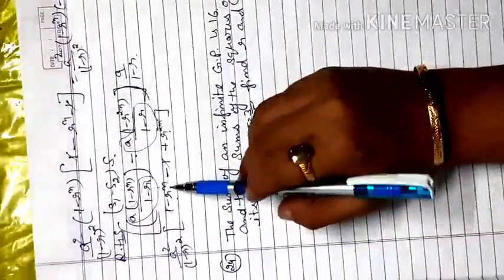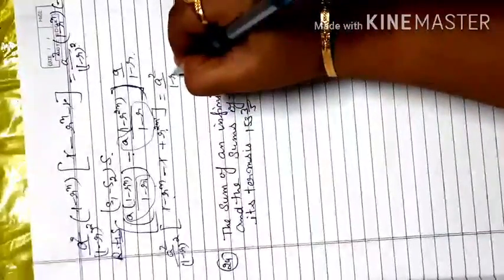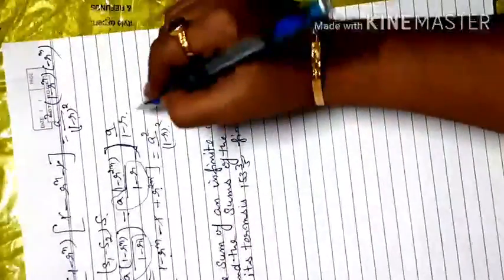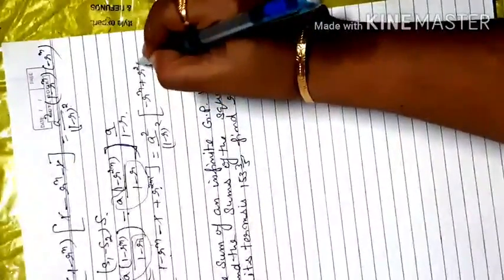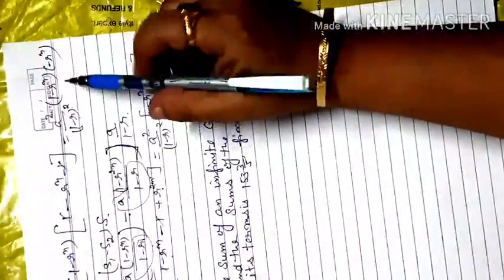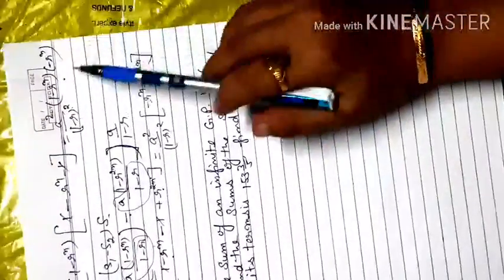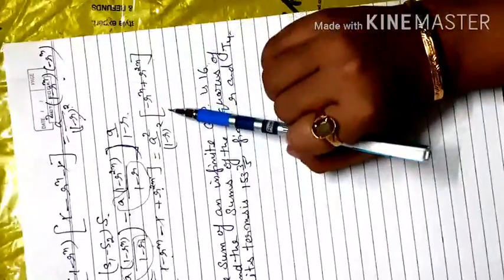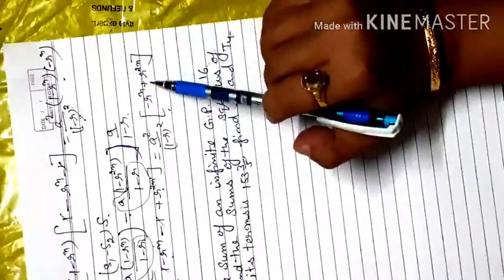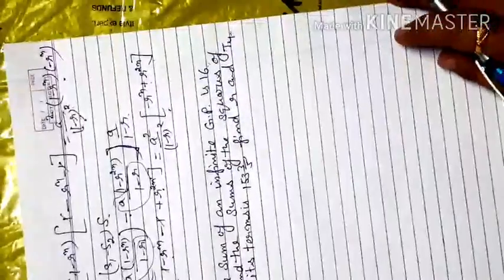From these two terms, what is left here is a square upon (1 minus r) whole square and minus r^n plus r^2n. But I need this term the same. So if you check with this again, move to the left side or either to the right side, because we need the same term here to make the left hand side equal to the right hand side.